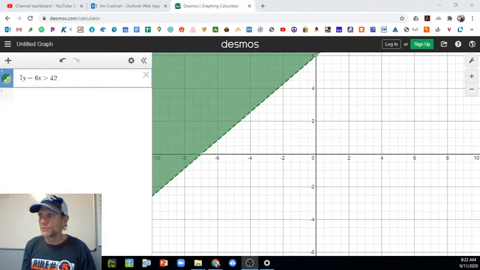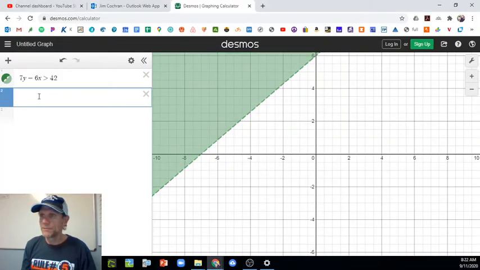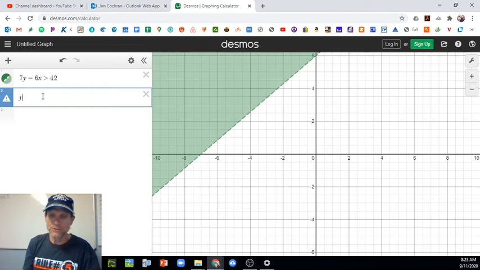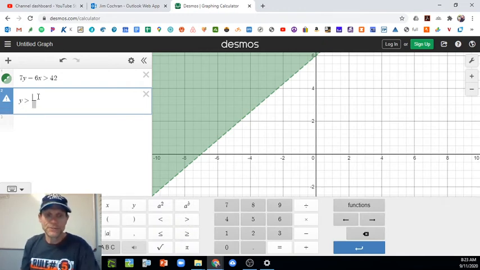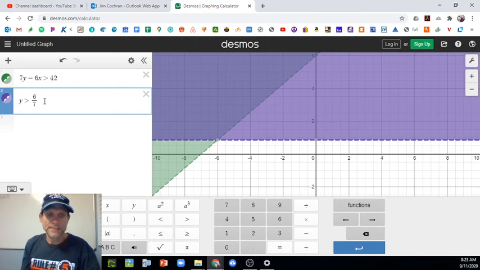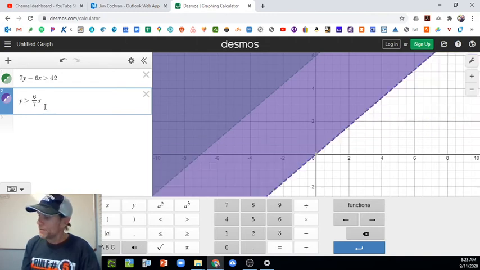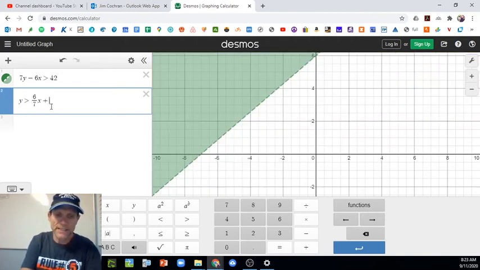You can also do this nice little thing of checking whether you changed something into slope-intercept form correctly. Remember, we changed it to slope-intercept form, and I used the slash key on my keyboard. I came up with 6/7 x plus 6.